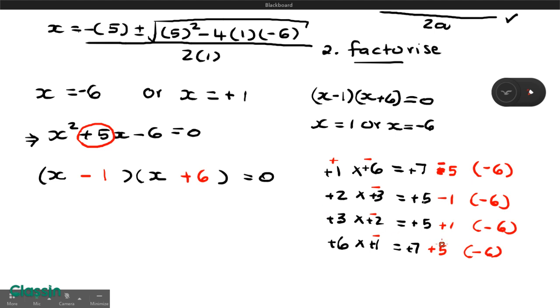But when we add, there is only one pair that gives negative 6 and positive 5, which is positive 6 and negative 1. So our solution is x equals 1 or x equals negative 6. So that will be our solution.